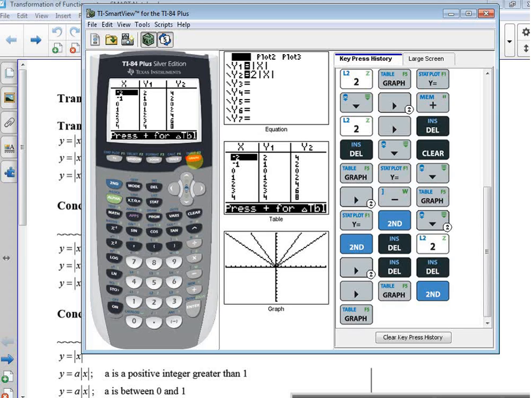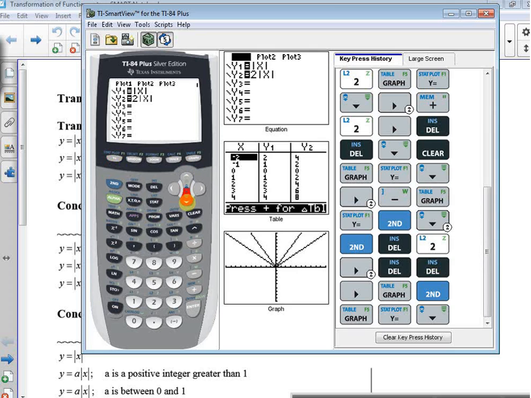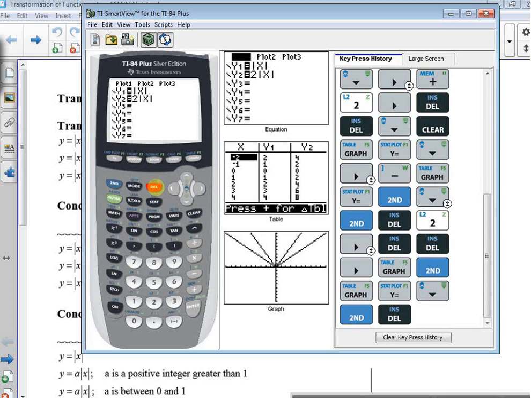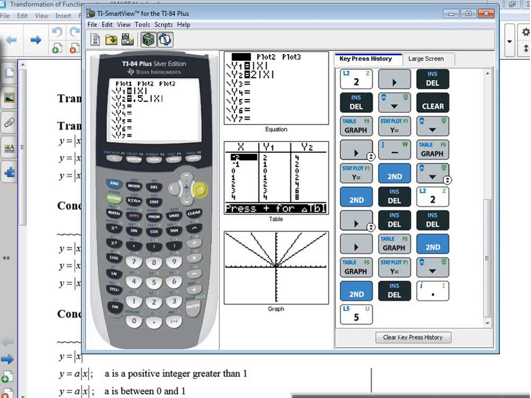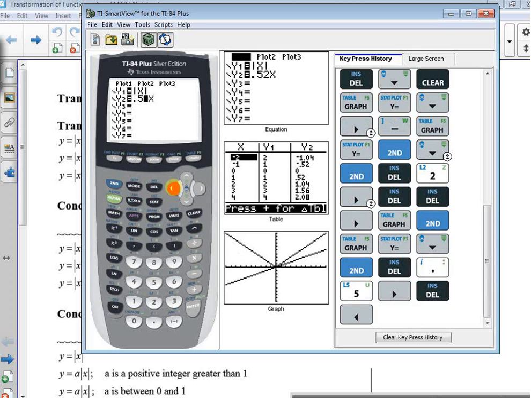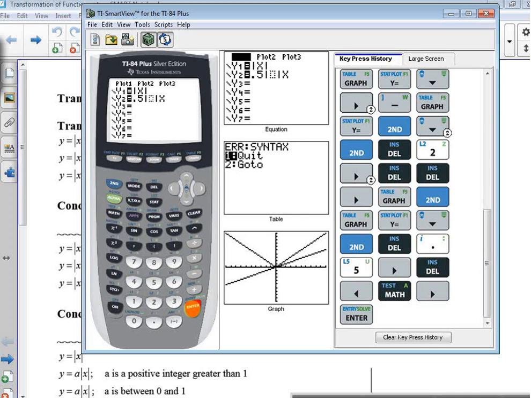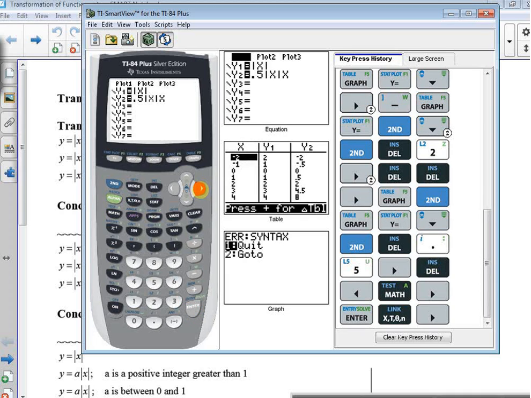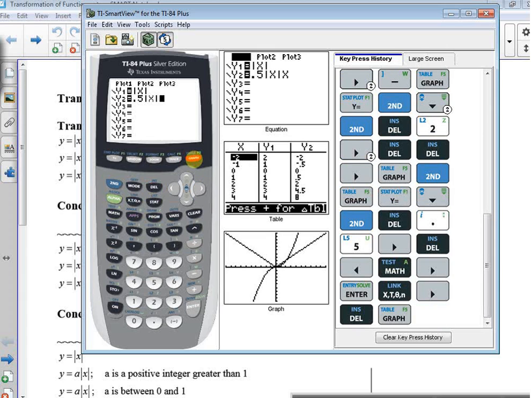y1 represents the y-coordinates on the absolute value of x. y2 represents 2 times the absolute value of x. Now if I change that number in front of there to 1/2, so if I do 0.5, and I delete the 2, so math num x, delete that, and then hit graph.